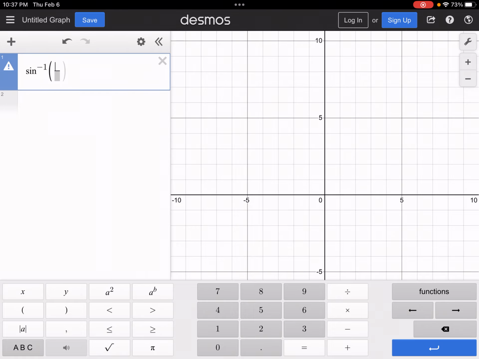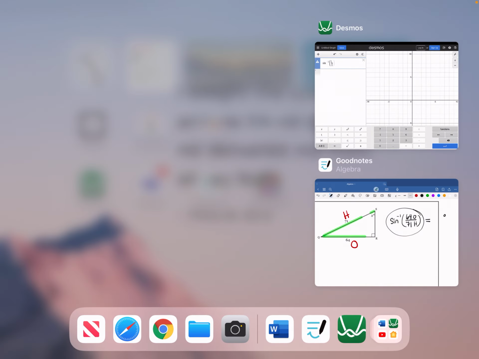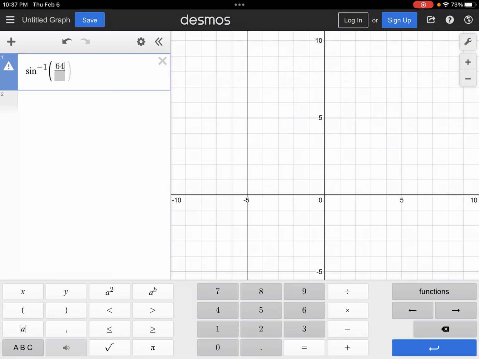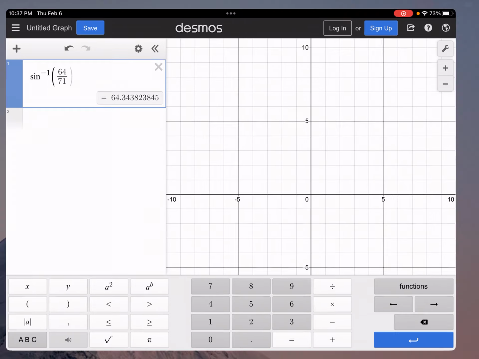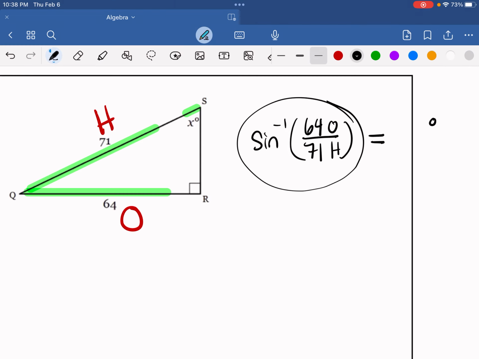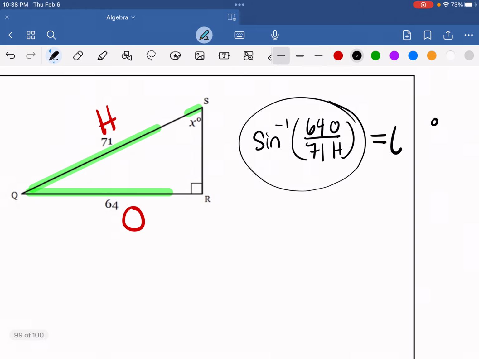And we're going to put 64 on top of 71. 64 divided by 71. And the answer is 64 point, and depends on how you round, but I am going to say 1 decimal place, 64.3. So it equals 64.3 degrees. That is how big that angle is.